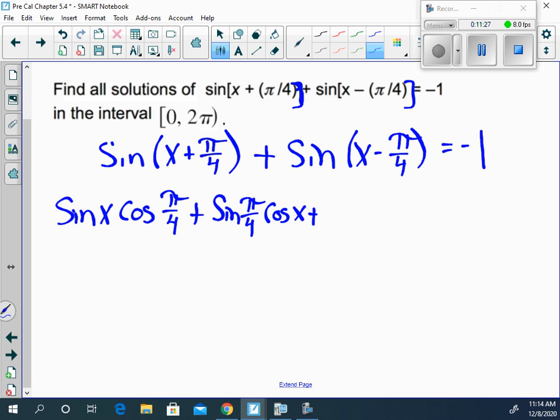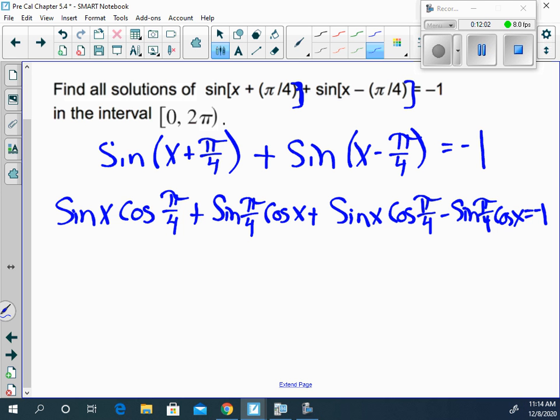Plus, we do the same thing here: sine of x cosine of pi over 4, but this time minus sine of pi over 4 cosine of x, equals -1. So I just utilize the sum and difference formulas for sine, where alpha is x and beta is pi over 4.